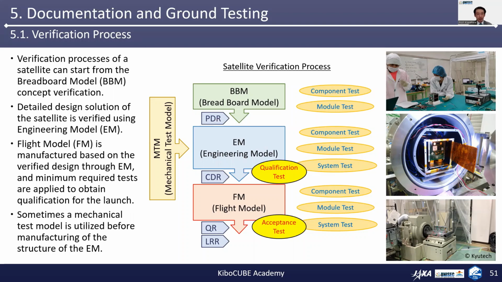So once completed, a flight model, FM, is manufactured based on the verified design through the EM. And the minimum required tests are applied to obtain qualification for the launch.